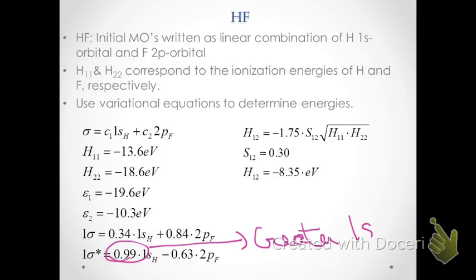If we look at the antibonding orbital, we'll notice that the dominant term is the 1s orbital on hydrogen with a coefficient of 0.99, because the antibonding orbital resembles the 1s orbital on hydrogen more closely. So again, the bonding orbital looks more like the 2p orbital on the fluorine, and the antibonding orbital looks more like the 1s orbital on the hydrogen.